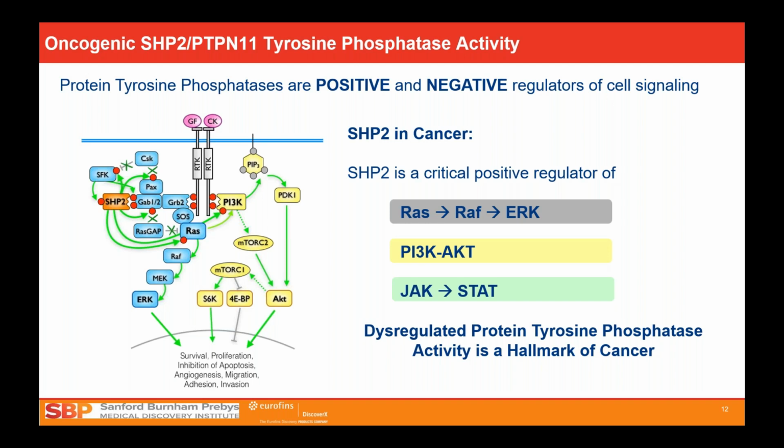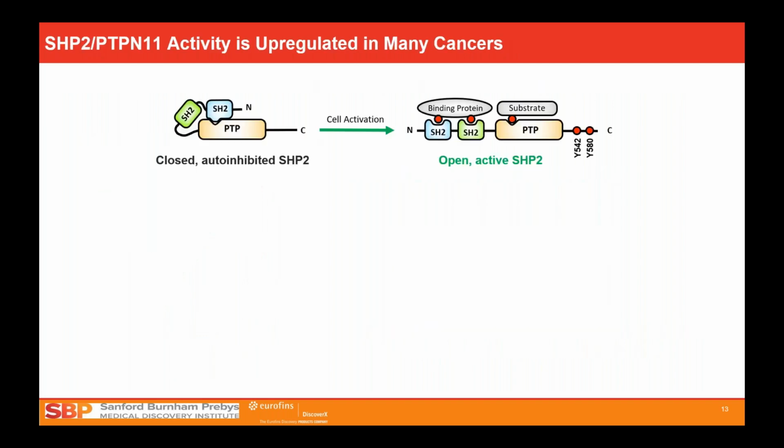The important thing to remember is that when you have dysregulation of protein tyrosine phosphatases, this is actually now recognized to be a hallmark in cancer. And so we actually have a program directed against SHP2 as it is an important contributor to cancer.